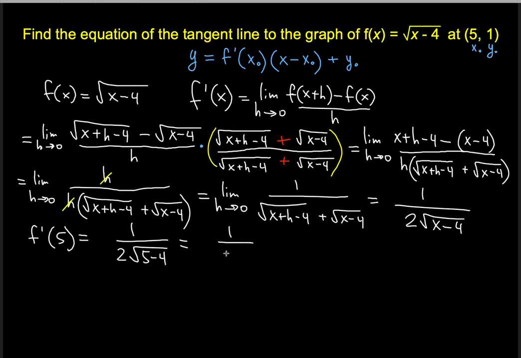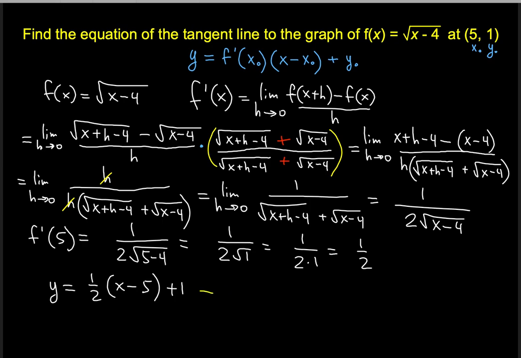And that's going to be 1 over 2 times square root of 1, which is 1 over 2 times 1, which is 1/2. All right, so the equation that we need now is going to be 1/2, we just found that, times x minus x naught, which is 5, plus the y naught, right, which is 1.